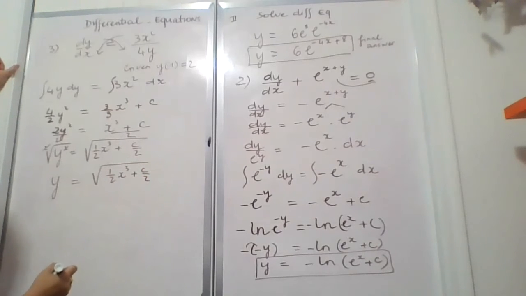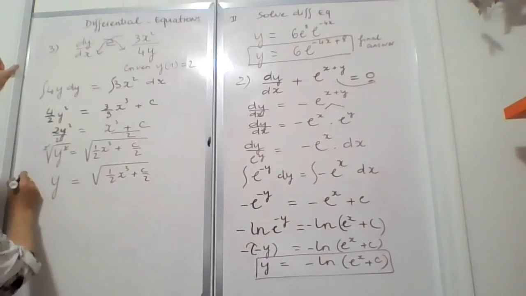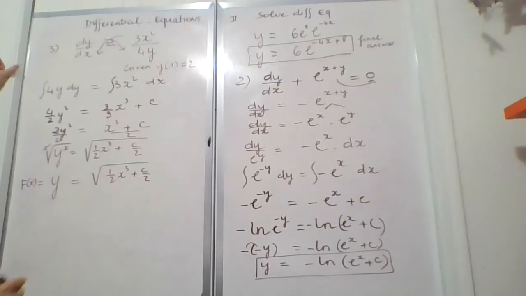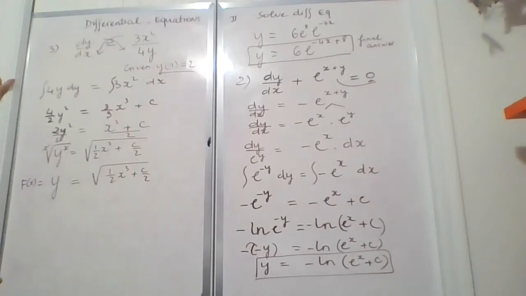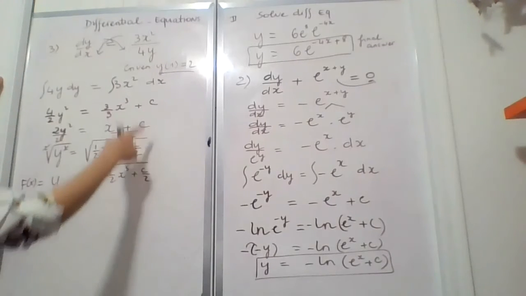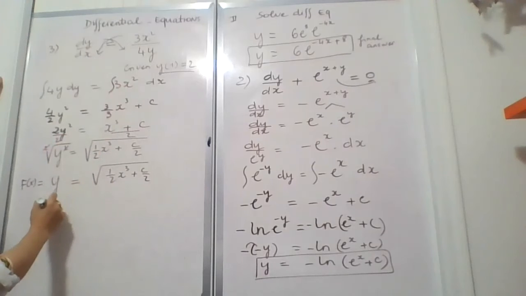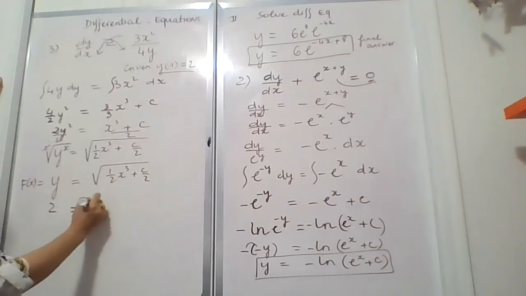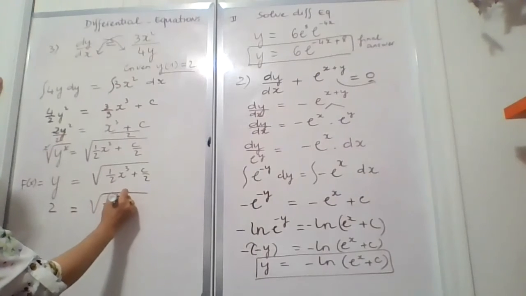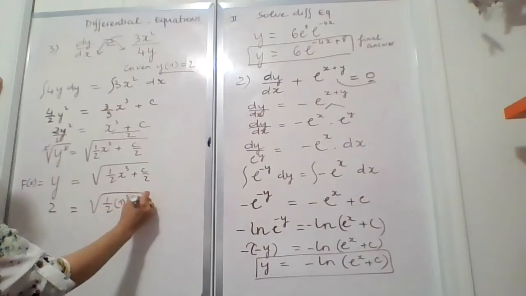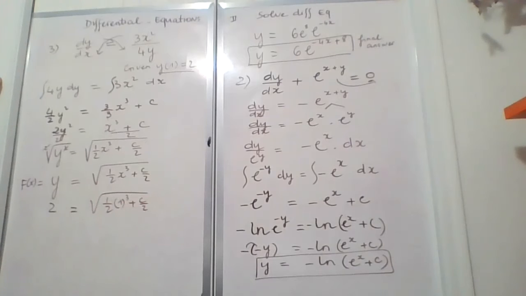So now we have our original function f of x equal y equal this. So we're going to use this data and solve for the equation. So solve for c, right? So if we have y(1) equal 2, it means 2 can substitute in here. And the x can be substituted by 1 to the power 3 plus c over 2.